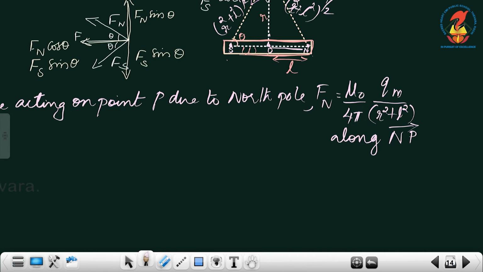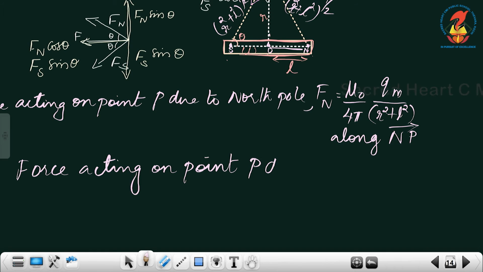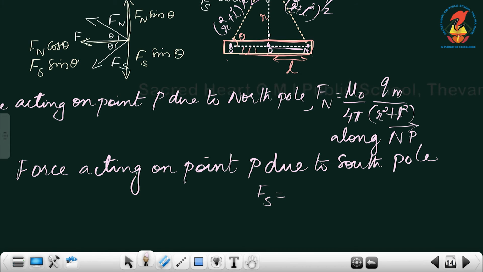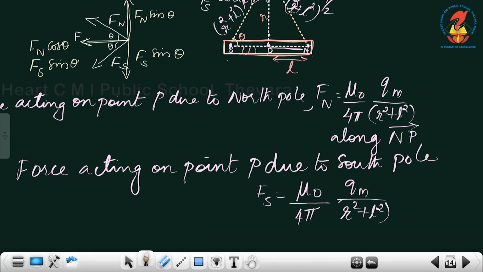Similarly, force acting on point P due to South Pole is Fs is equal to mu 0 by 4 pi Qm divided by R square plus L square.